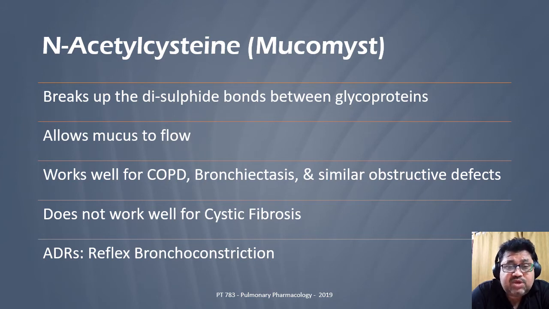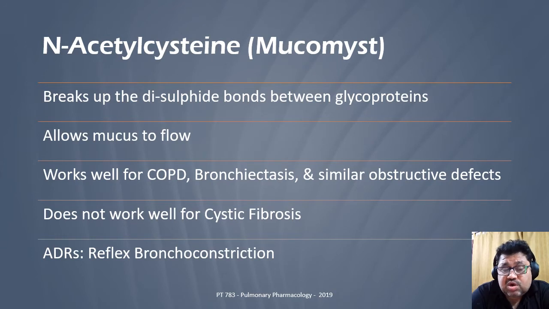N-acetylcysteine or mucomyst is the ubiquitous mucolytic that is used in clinical practice. The drug, it's a liquid, works by breaking up the disulfide bonds between the glycoproteins of mucus. This allows the mucus to flow freely.